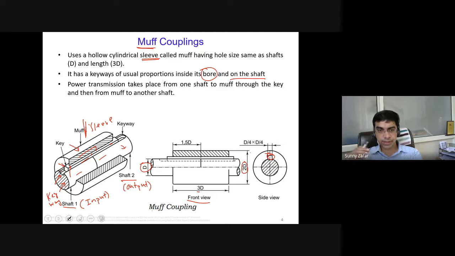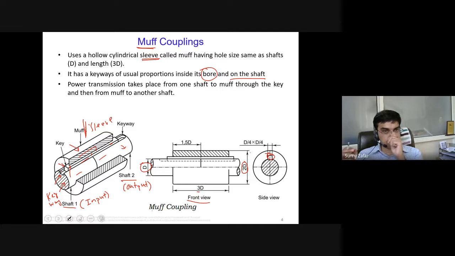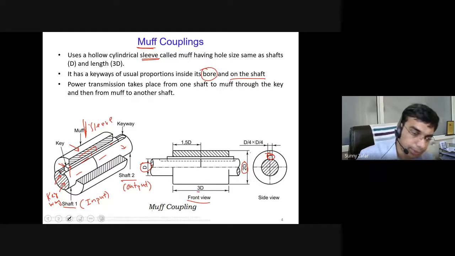So power transmission, as we have already discussed, takes place from one shaft to another shaft via the key and the muff. Okay. So this is about the muff coupling. What is important here is that you have to look into drawing the keyway, as shown here. With this hidden line, the keyway is there, and the key is also shown in the front view and the side view.